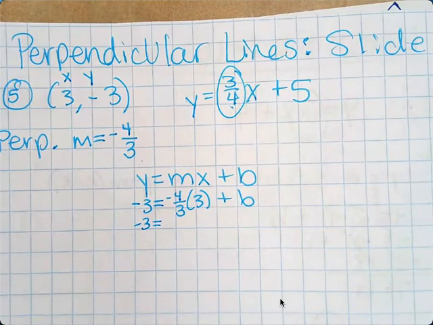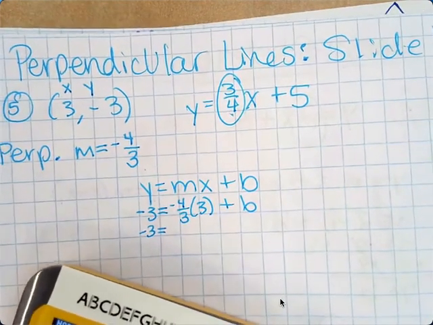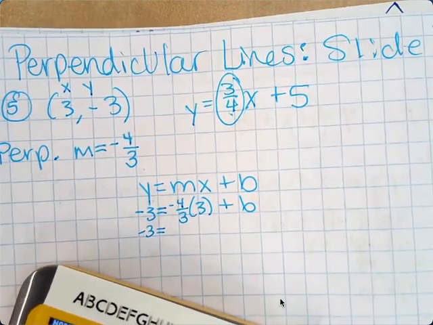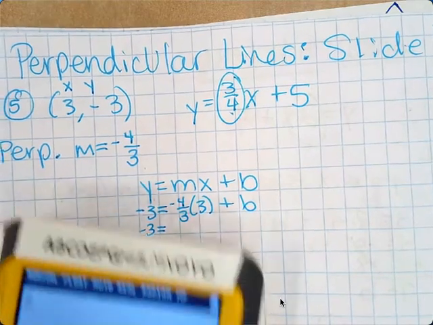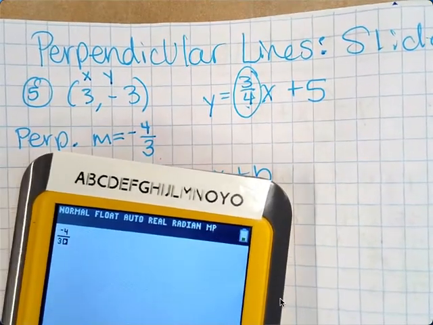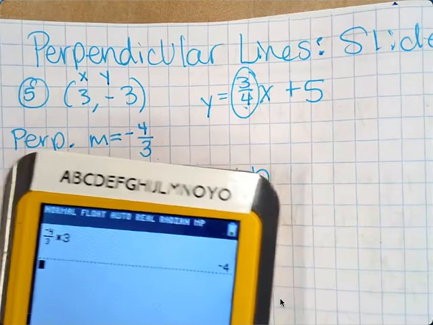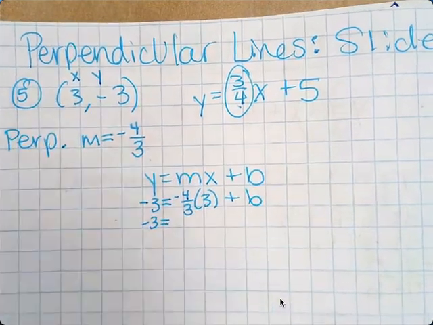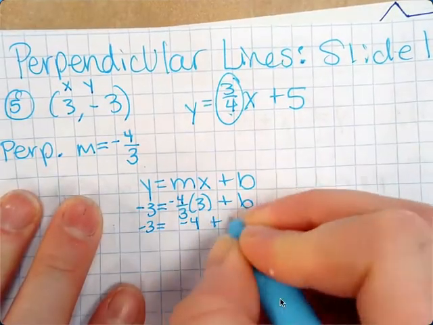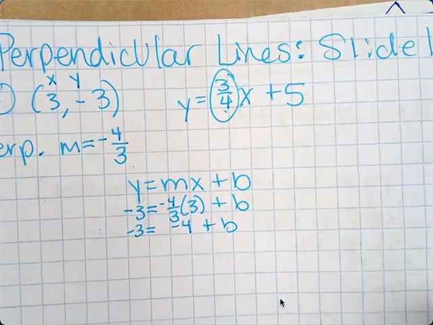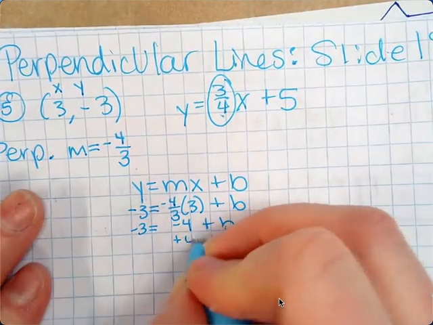Negative 4/3 times 3 equals negative 4. So it's negative 4 plus b. We add 4 to both sides.